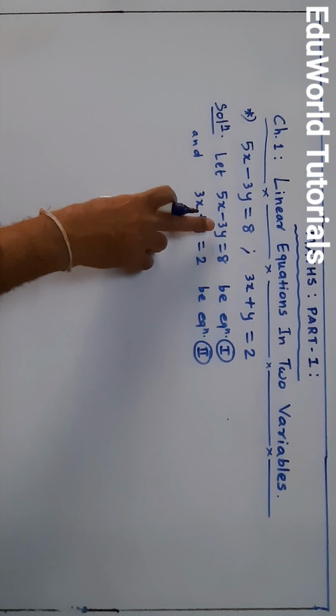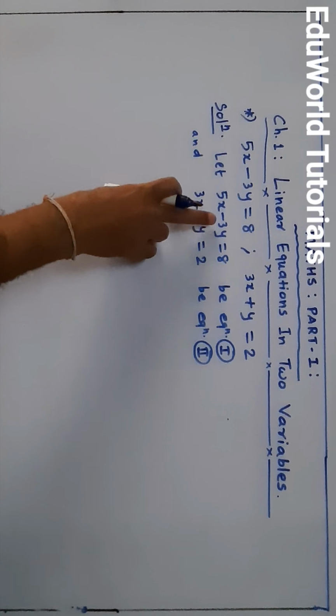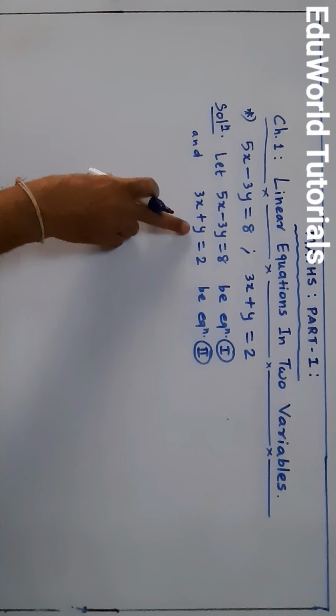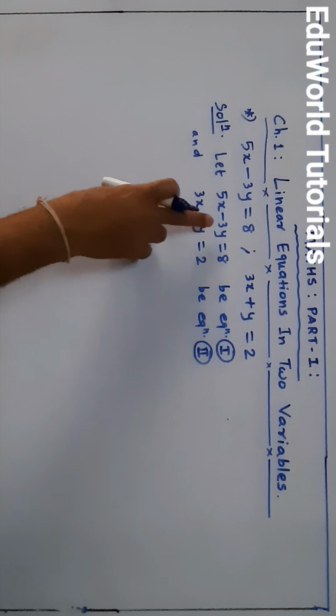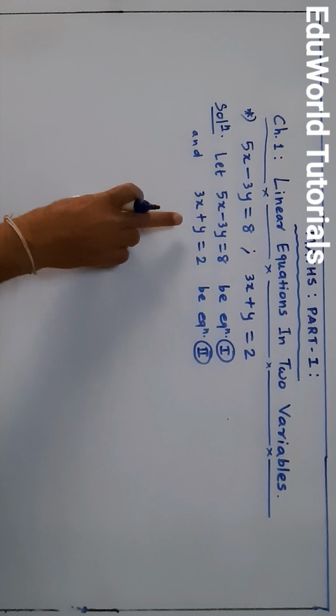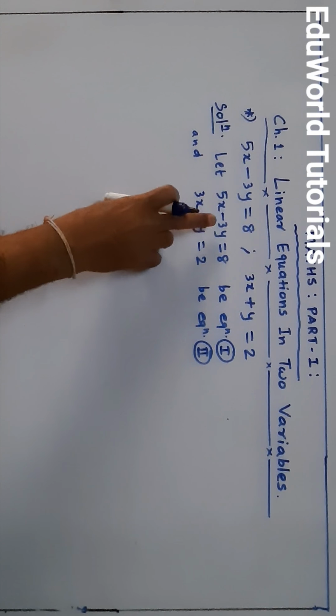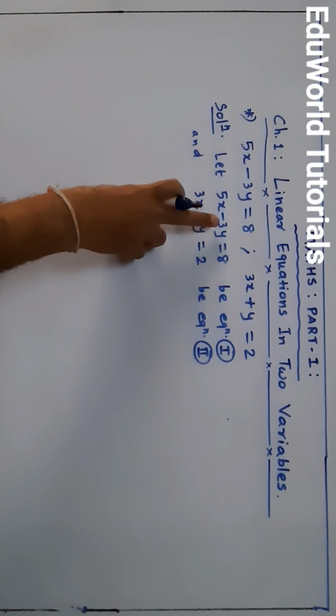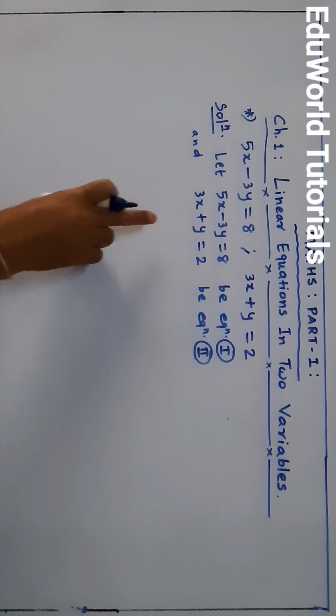Now in case of y, if I add these two equations, minus 3y and plus 1y, we get minus 2y. So on adding, the y variable does not get eliminated. On subtracting, minus 3y minus 1y is minus 4y. So again y is not getting eliminated.